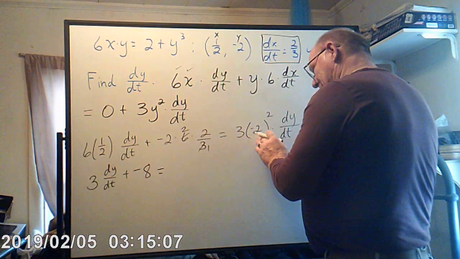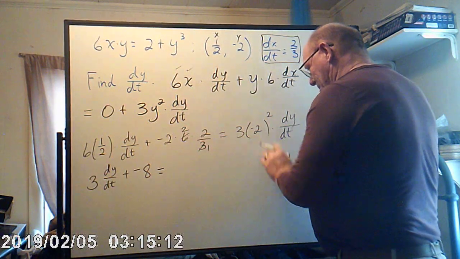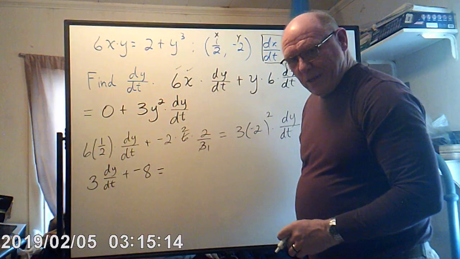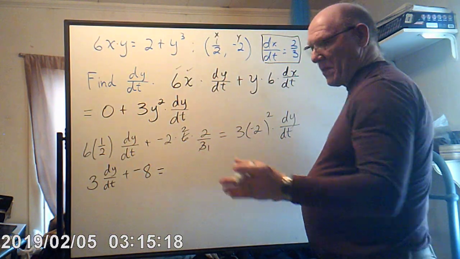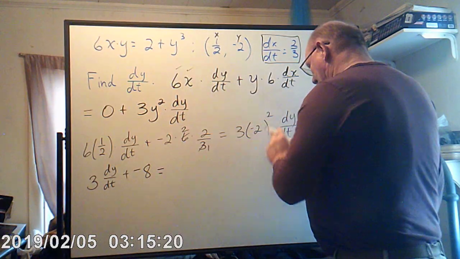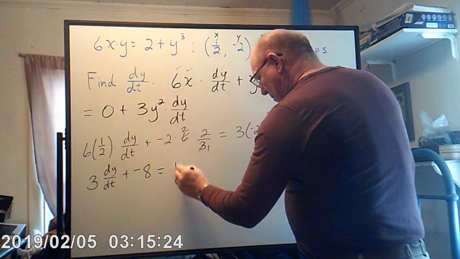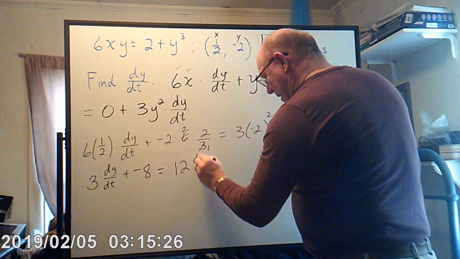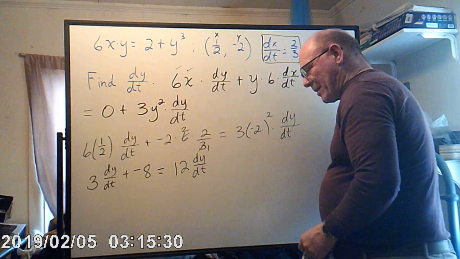Alright, now remember, don't make the mistake that Algebra 1 students make. Even some Algebra 2 students make this. We'll multiply this first, and you know that. -2 squared is 4. 3 times 4 is 12. So 12 dy over dt. Now we're close, aren't we?